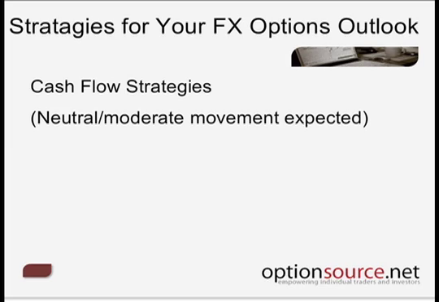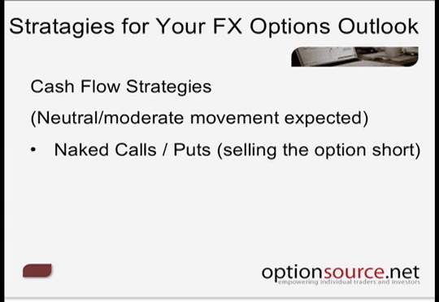The next that we're going to look at are cash flow strategies. Essentially, taking a neutral to moderate move expectation on a particular pair value, and then looking to sell calls or puts, selling the option short, to take advantage of collecting a premium with the expectation that the option contract is going to expire worthless.